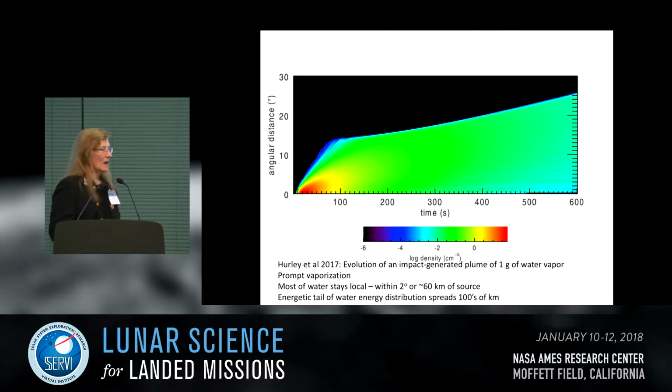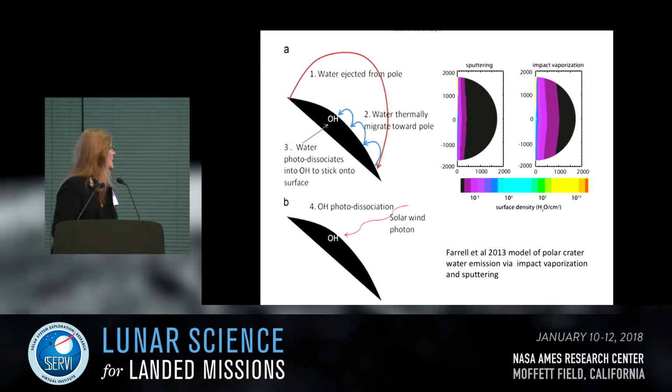But if you look at impacts, this is a simulation from Dana Hurley. The volatiles really don't travel very far. So the evolution of a water plume, most of the ejected water stays local. And I think that's really important.